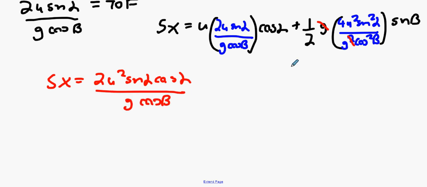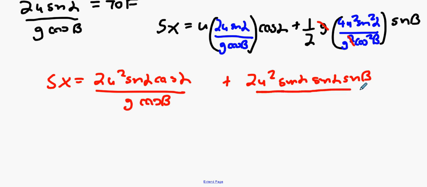And then on the other side, we're going to have 4 divided by 2 is 2u squared sine squared alpha sine beta, if that's okay with you guys. Now, what's on the bottom there? g cos squared beta, which is g cos beta, cos beta.